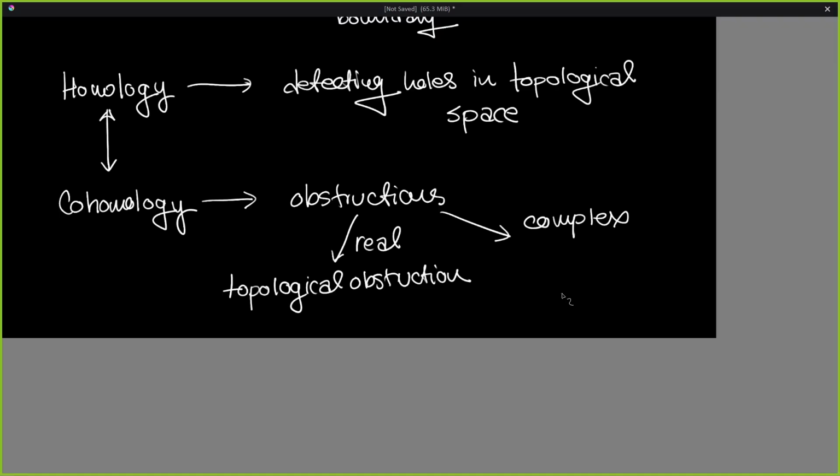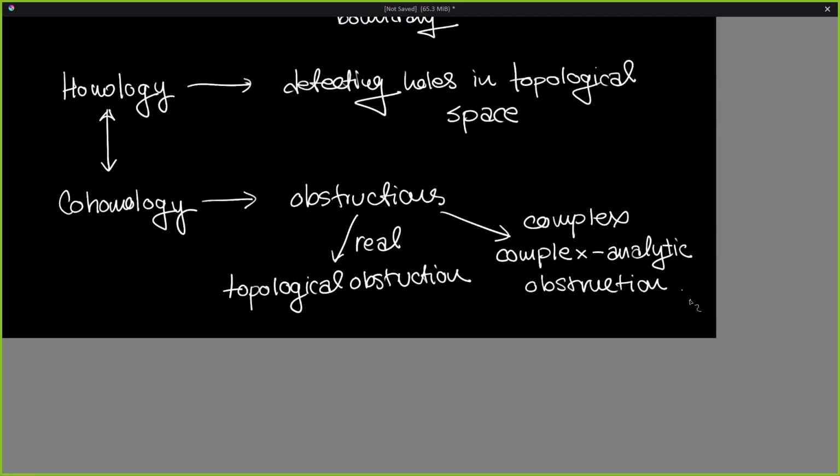There are not many functions that are complex analytic compared to the set of functions that could be real analytic. So the complex cohomology talks about complex analytic obstructions.